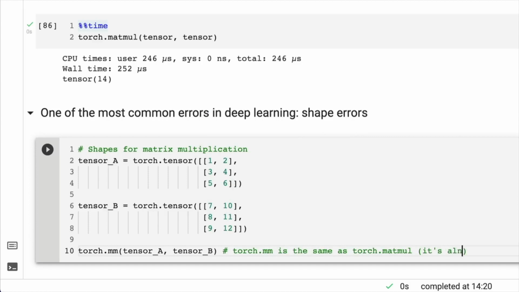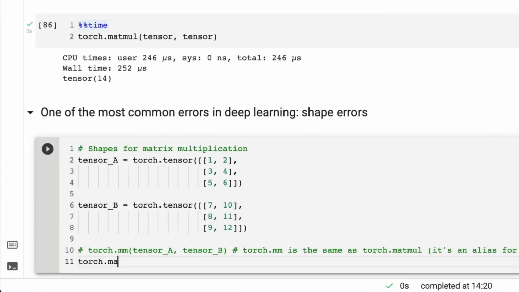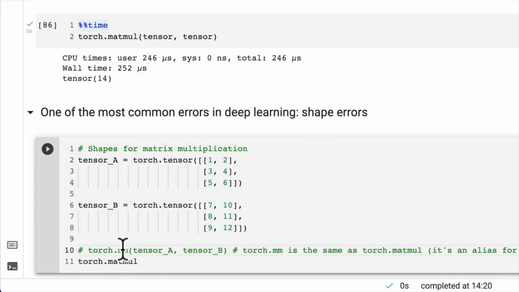It's an alias for writing less code. This is literally how common matrix multiplications are in PyTorch, is that they've made torch.mm as an alias for matmul. So you have to type 4 less characters using torch.mm instead of matmul. But I like to write matmul because it explains what it does a little bit more than mm.